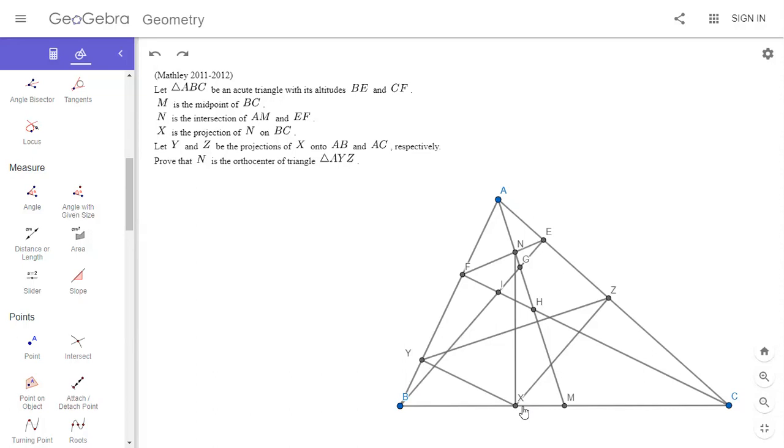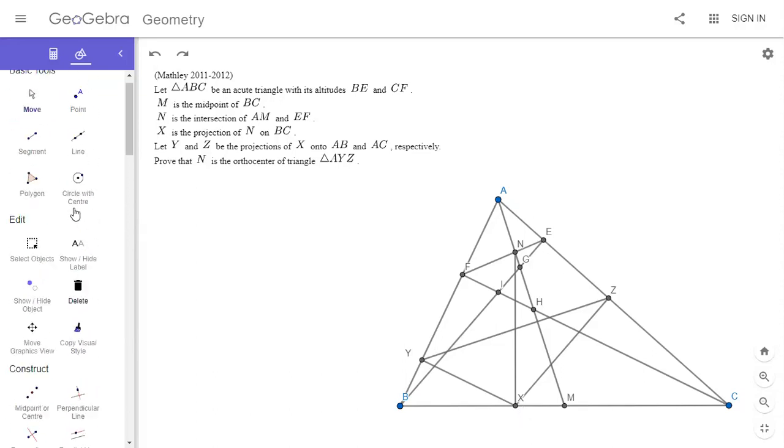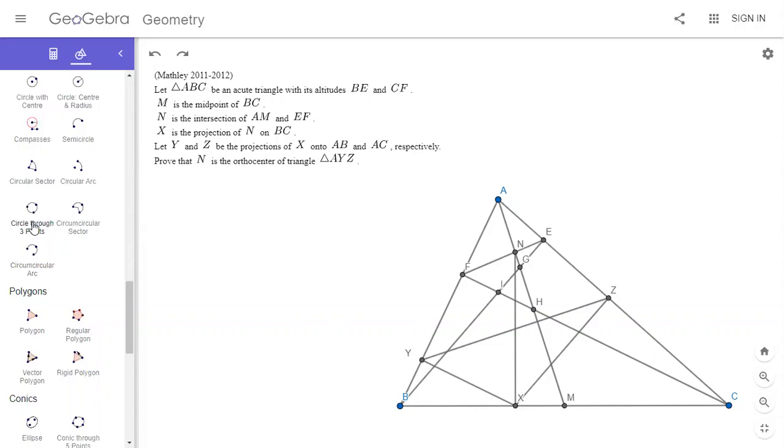Okay, so yeah, I feel like this is an easy problem. I'm just kind of overthinking it, but like, can we show that AM and AX are orthogonal?